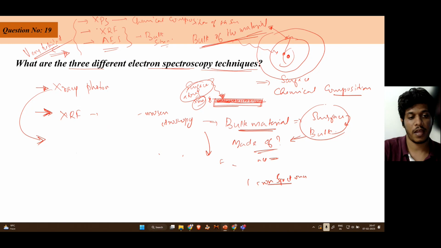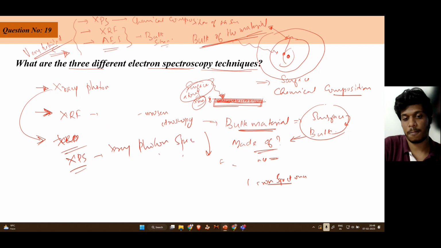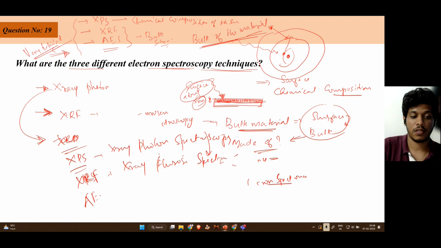They are XPS, which stands for X-ray photoelectron spectroscopy, XRF, which stands for X-ray fluorescence spectroscopy, and the other one was AES, Auger electron spectroscopy.